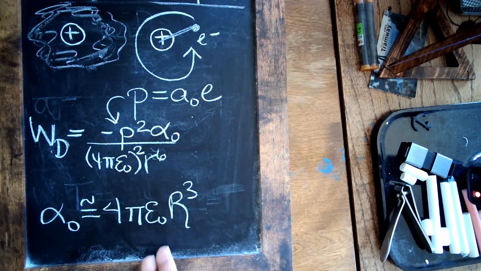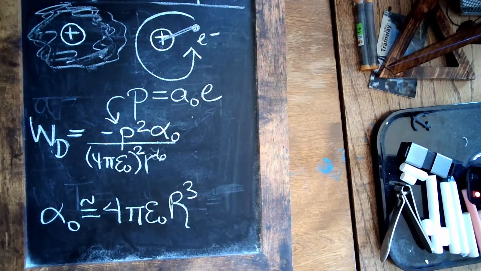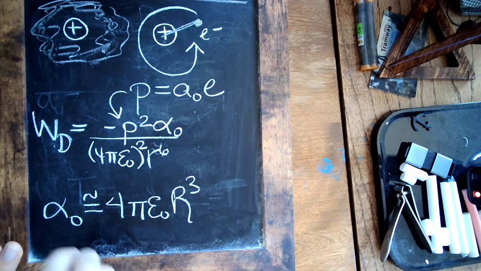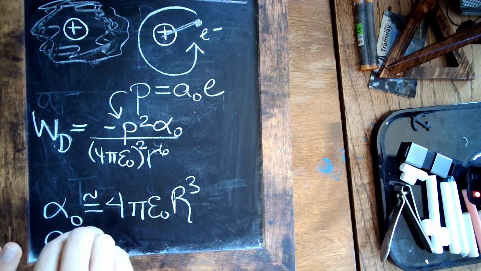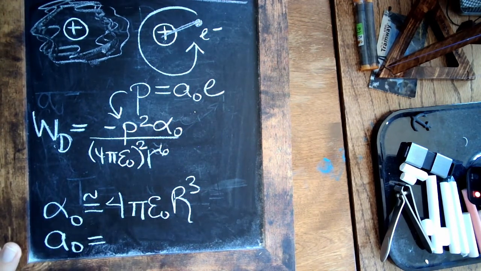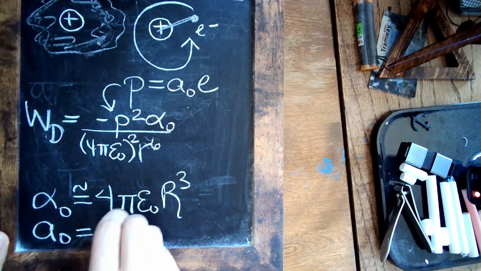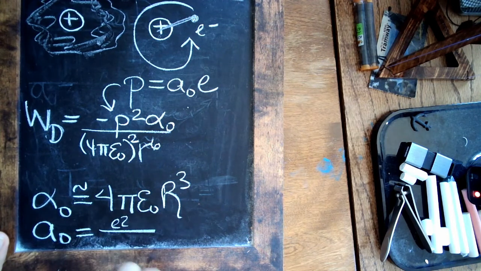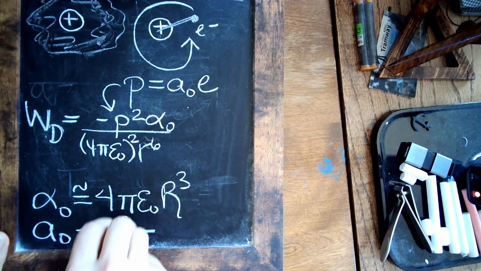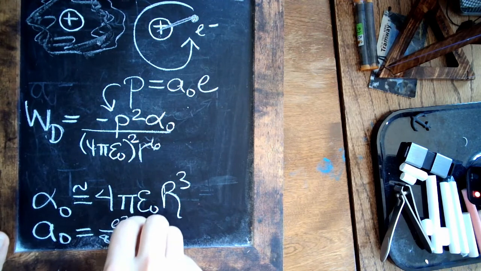Again, this radius would be the A0 constant. And we also had our previous definition for A0. So we've got to make sure we're making this distinction. Alpha 0 is polarizability, A0 is the Bohr radius. So I'll just write that down again. This was e squared over 8 pi epsilon 0 h nu.